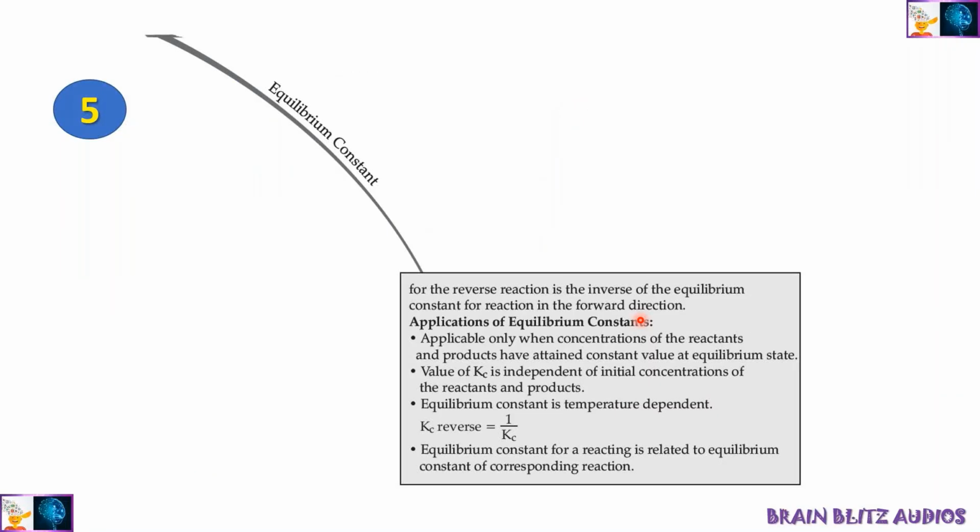The constant value in the reaction is known as equilibrium constant. So, in the previous law, we have got that the LHS of the equation is Kc. The same Kc is equilibrium constant. Now, a unique thing to note is that equilibrium constant for the reverse reaction is the inverse of the equilibrium constant for reaction in the forward direction.